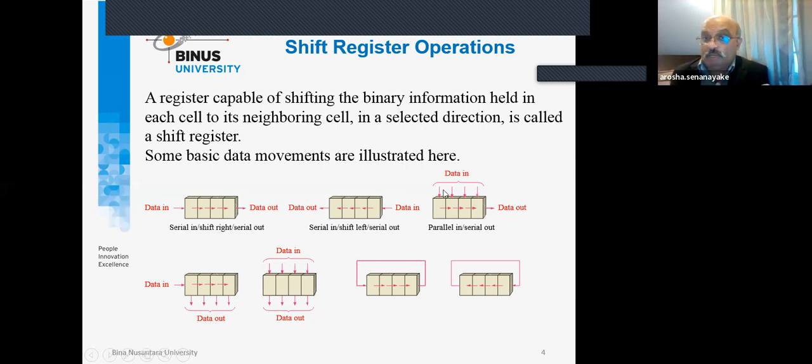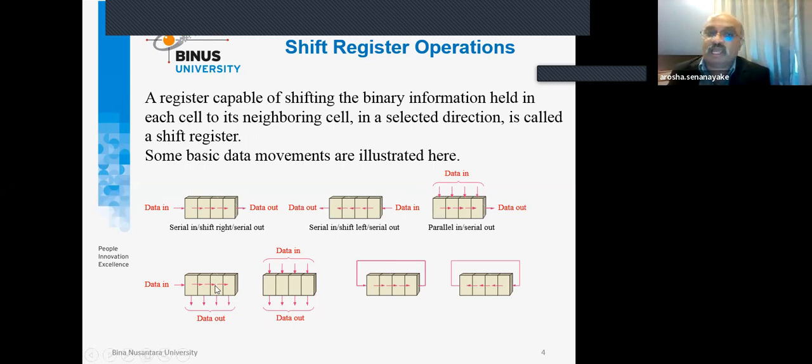Let's assume we have 1 0 1 1. So 1 0 1 1 is entered correctly here, but the only thing is that data out will be 1 bit at a time, because we have a single cable, and these 4 cables are connected together with data in simultaneous.